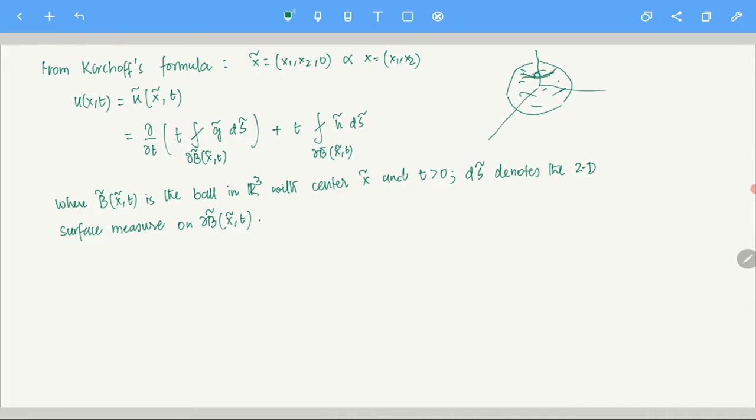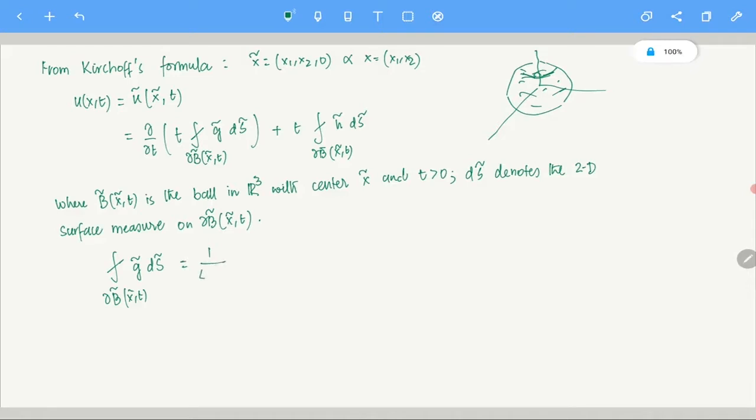Okay, so let us do this part. First of all, I want to calculate what this is. So, the surface measure of del b tilde, x tilde t, g tilde ds tilde. Okay, what is this? So now, first thing first, let us break it up.